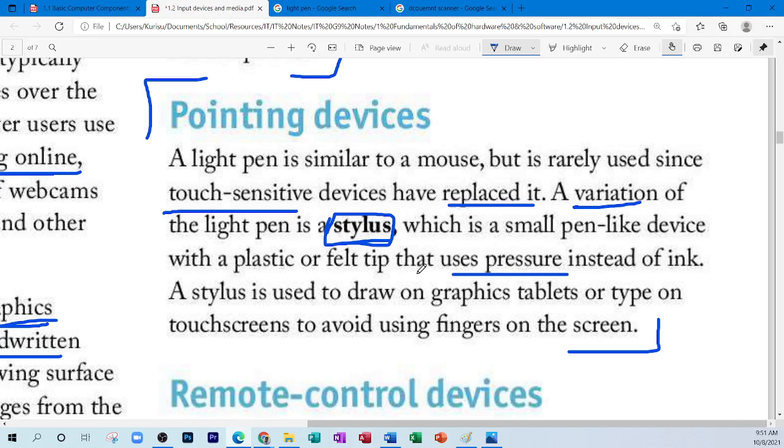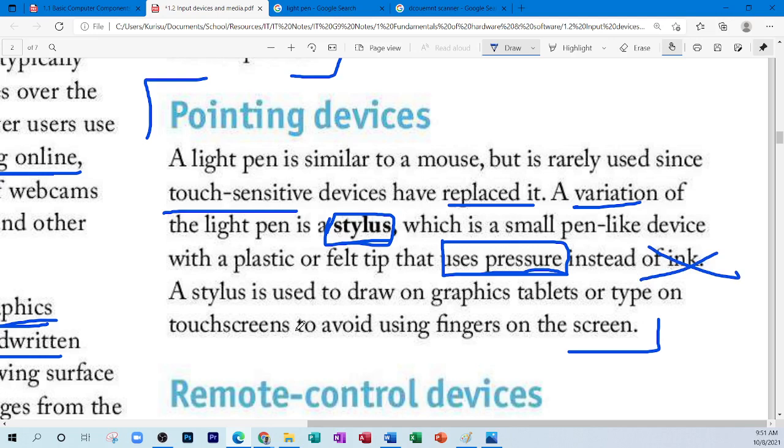Now, how does the stylus work? Well, it works by detecting pressure. It doesn't use any ink. It detects pressure. So the pressure might be on the screen, as mentioned earlier for the digitizer.